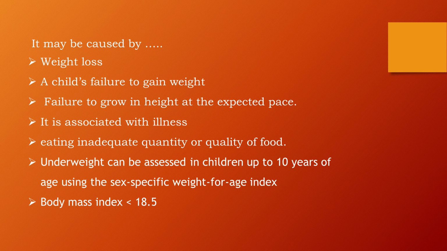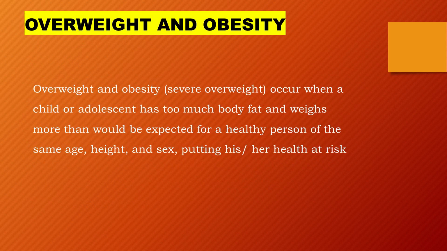Okay. So, coming to the other side, we have seen till now stunting, the malnourished child, as well as the underweight child or underweight adolescents. On the other side, an obese child or an overweight child.